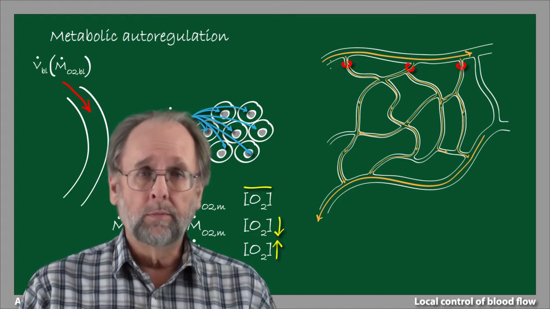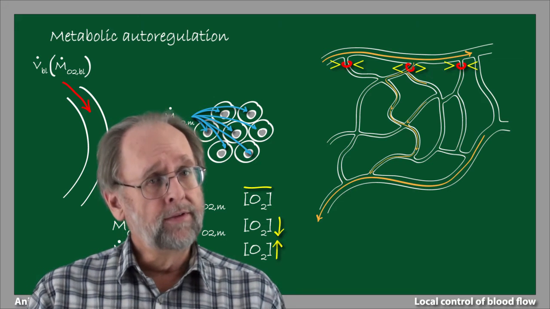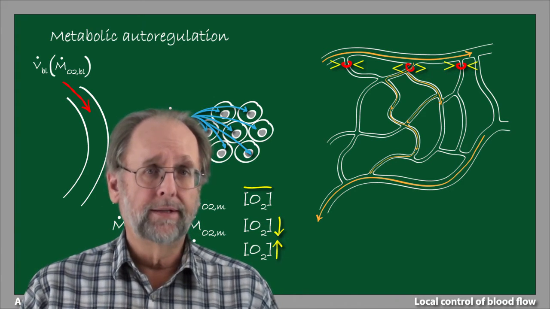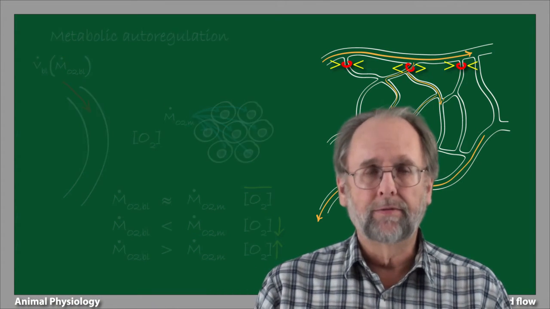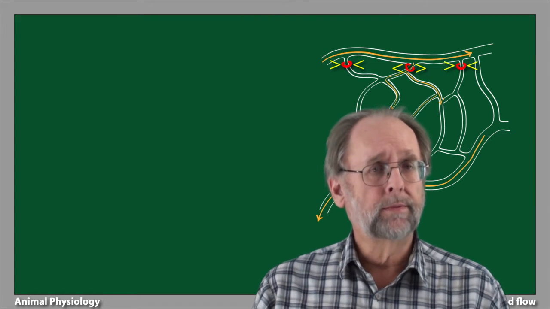By opening one precapillary sphincter and leaving the others closed, one can even adjust blood flow to certain regions within a capillary bed. How all this works is still an area of active research, but in some tissues, like the brain, it's pretty well worked out.